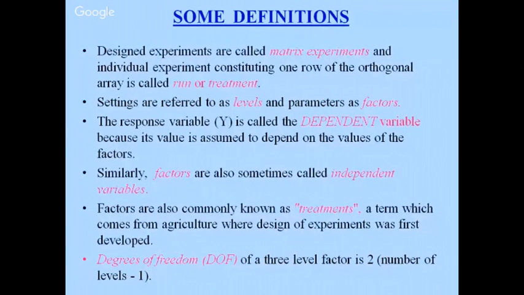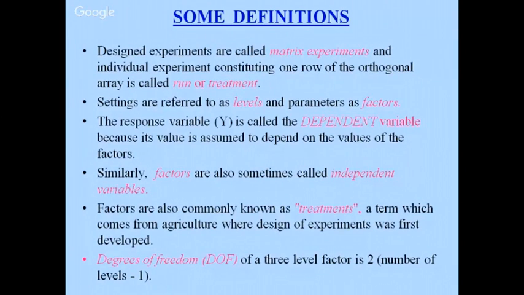Some definitions, I will quickly run through them. You will not remember them, and from the conceptual point they are not very important, but still. Designed experiments are called matrix experiments, and each individual experiment is known as a run or treatment. Settings are referred to as levels and parameters as factors.